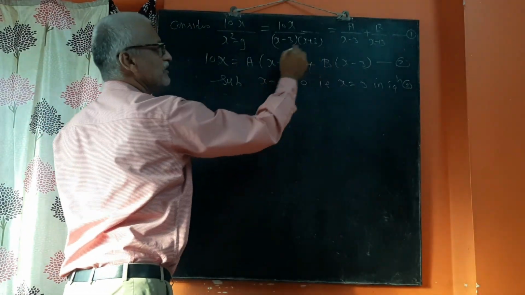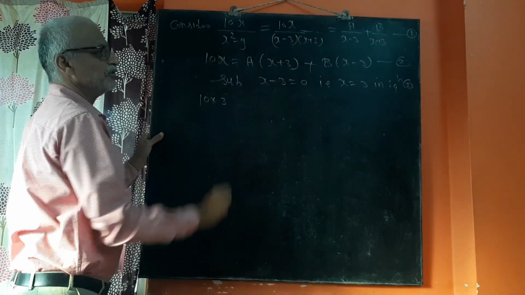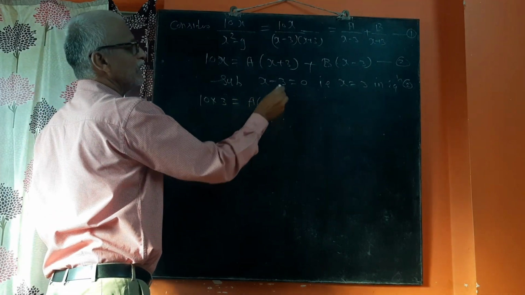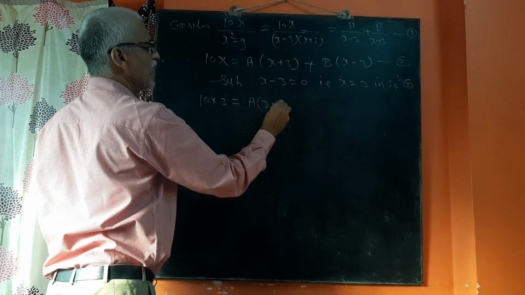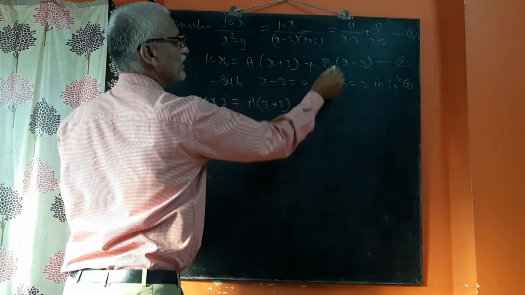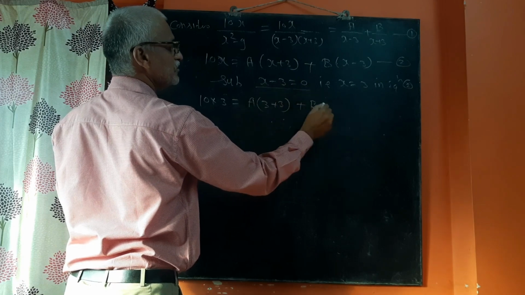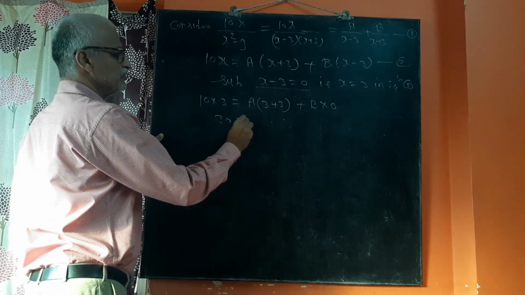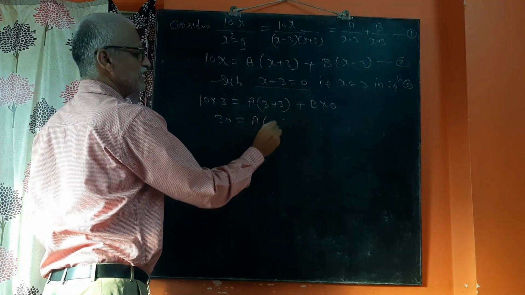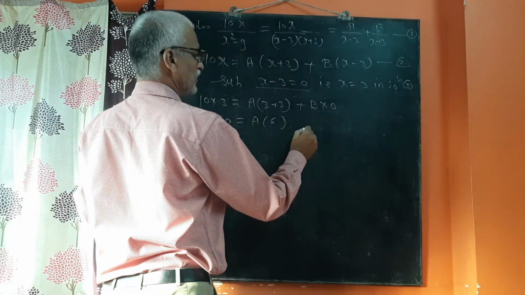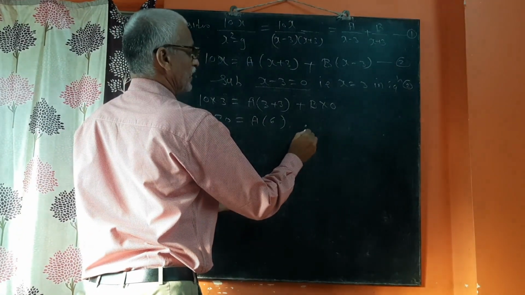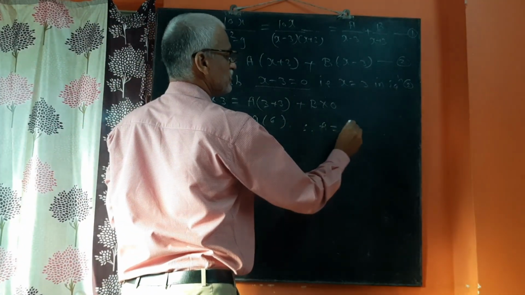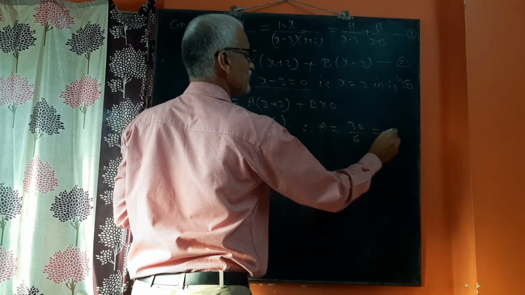So we get 10 into 3 equals A into (3 + 3) plus B into (3 − 3), the value of which is 0. 10 into 3 means 30 equals A into 6. Therefore A equals 30/6, which is 5. So the value of A equals 5.